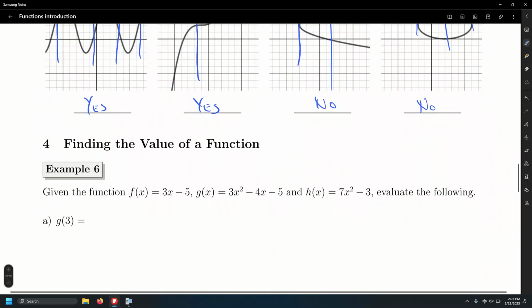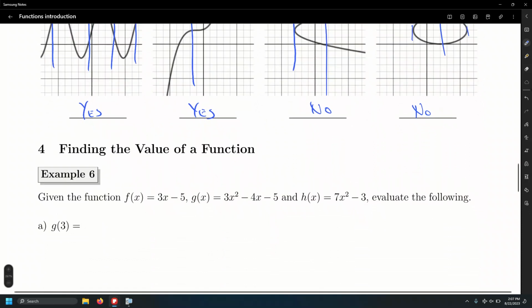Finding the value of a function. We are going to be given a few equations now. 3x minus 5, 3x squared minus 4x minus 5, 7x squared minus 3. That doesn't look any different from what we have worked before, other than the notation.